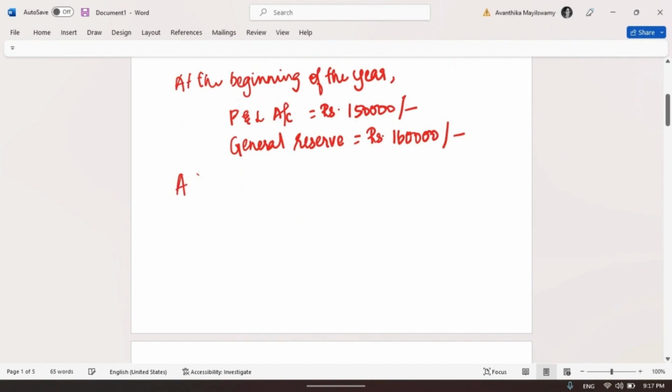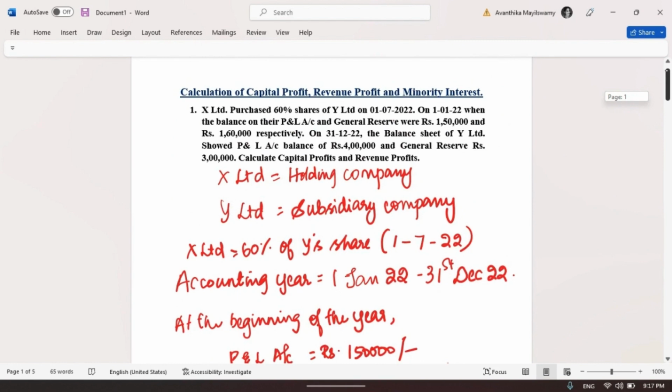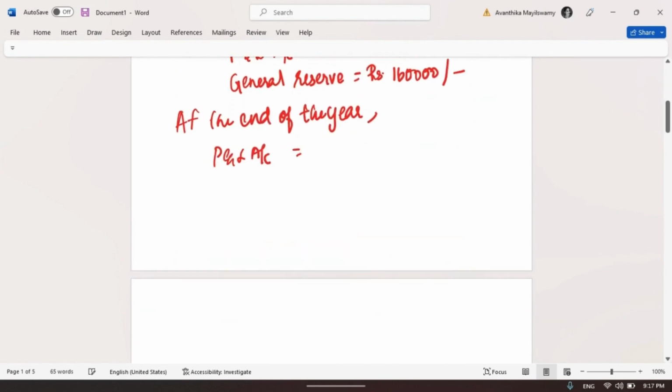At the end of the year, the P&L account is equal to 4 lakhs and the general reserve is equal to 3 lakhs.